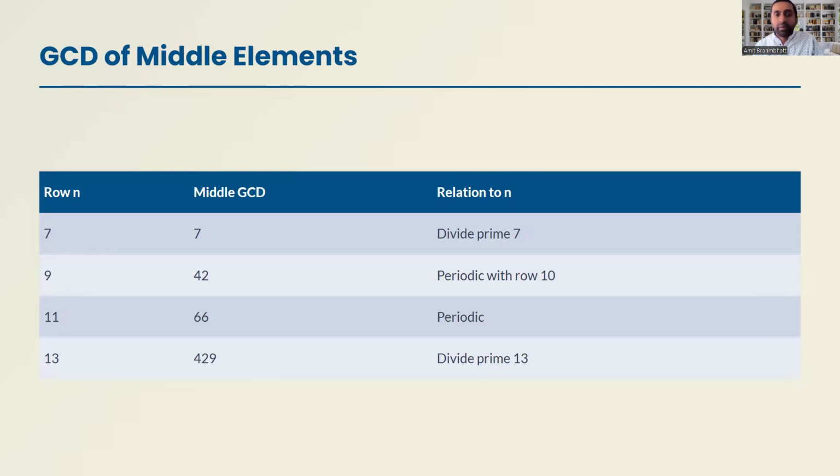For prime rows like 7 and 13, the GCD of the middle binomial coefficient is directly divisible by the row prime itself. This is because the prime number p cannot be cancelled out by any factor in the denominator of the combination formula, leaving it as a guaranteed factor of the overall value.